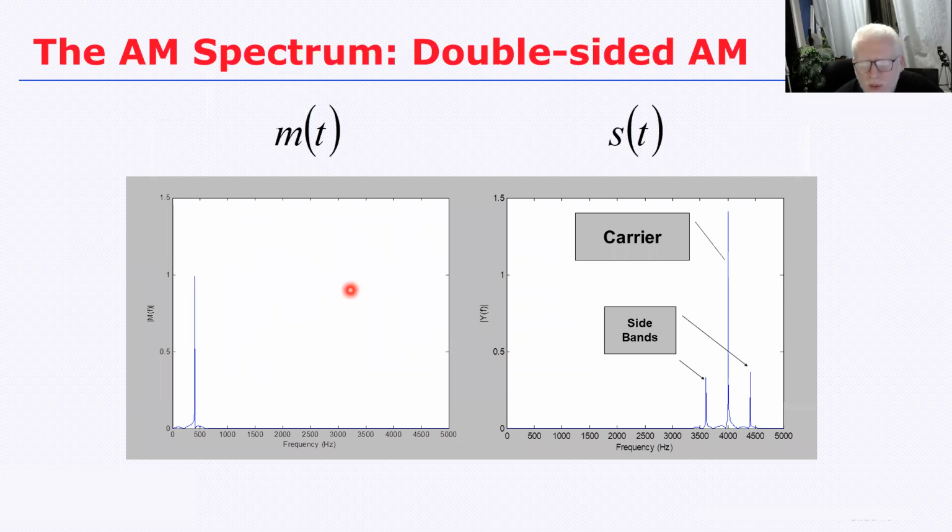Finally, we demonstrated the frequency domain of the modulated signal, where we distinguish AM into 4 main modulation techniques. The first was the double-sided AM modulation, or double sideband DSB AM.